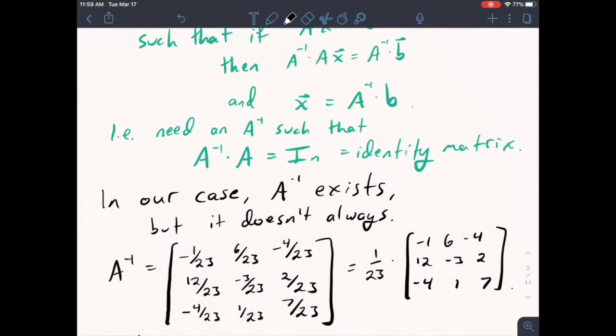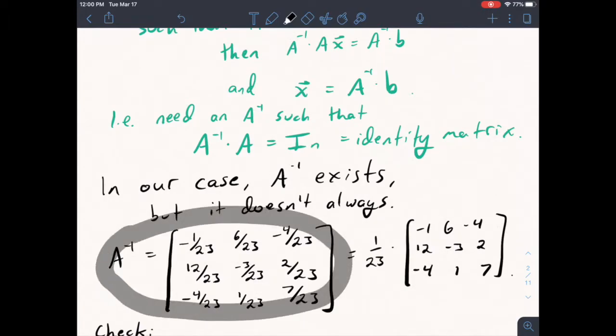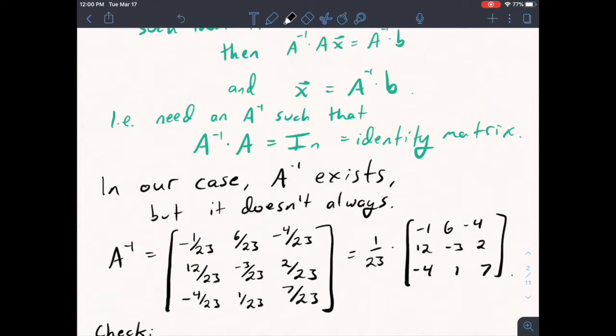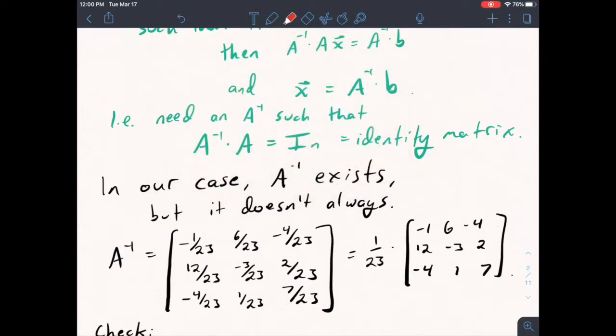All right, so anyway, in our case, the inverse does exist, and this is what it is. Just this whole 3x3 matrix right here. Notice that all of the entries in here are being divided by 23.